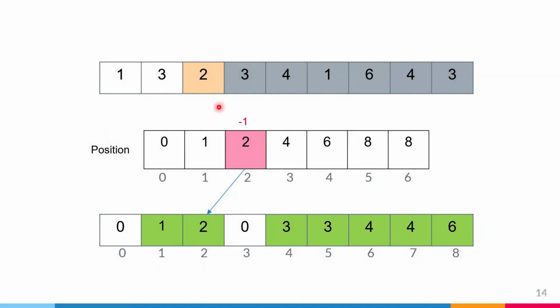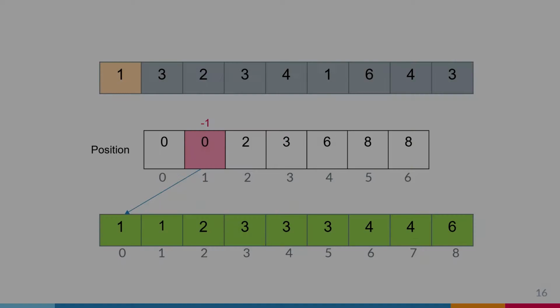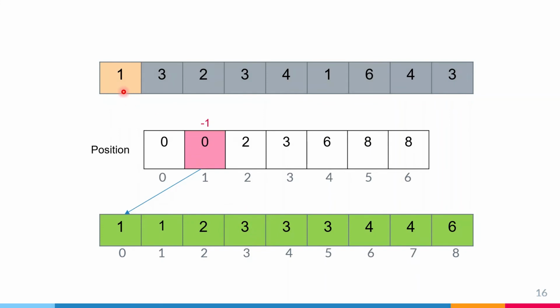Go to index 2, subtract 1 and add it in B. And again 3. Go to index 3, subtract 1 and add it in the array. And finally 1. Go to element 1, subtract 1 and we get 0. We'll add it at index 0.